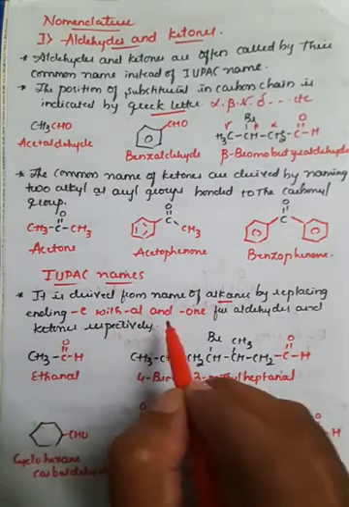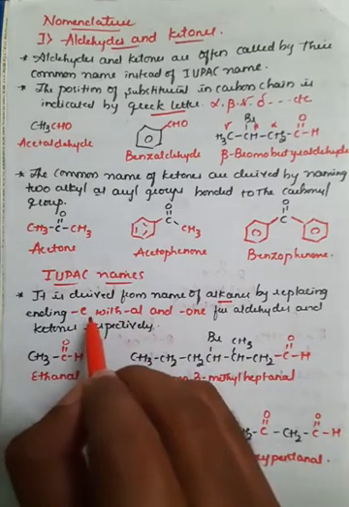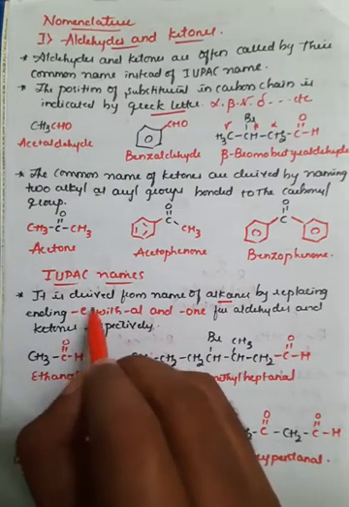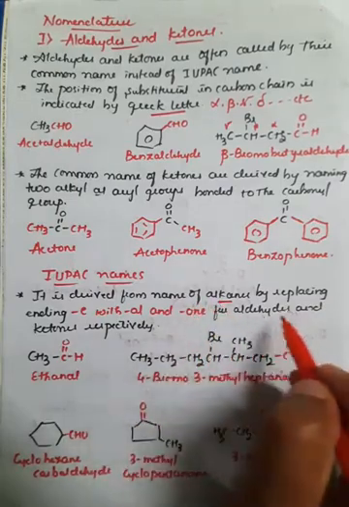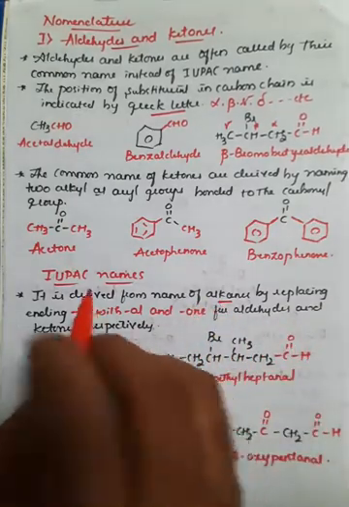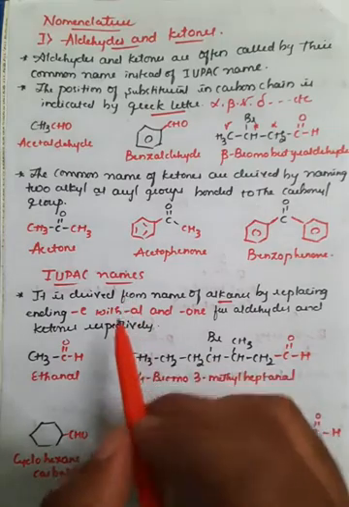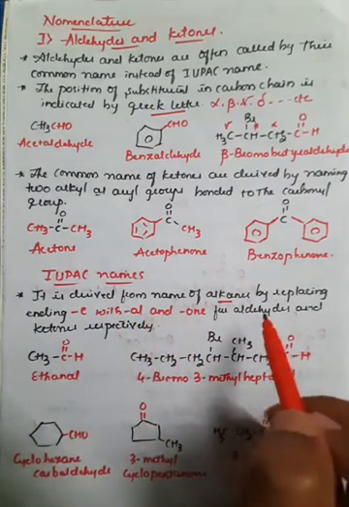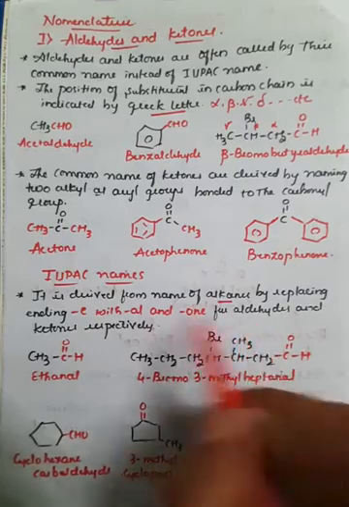And in case of ketones, what you have to do? You have to remove this E, right? And this alkane E is removed and ON is substituted, right? So that is respectively for aldehydes as well as ketones, which means the E of the alkane is replaced and Al is connected for the aldehyde group, and E is replaced and ON is connected for the ketonic group, right?